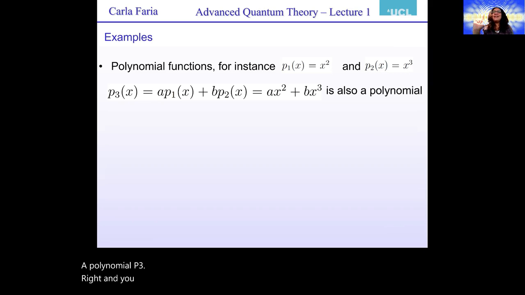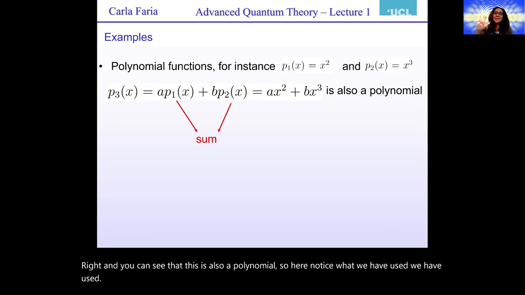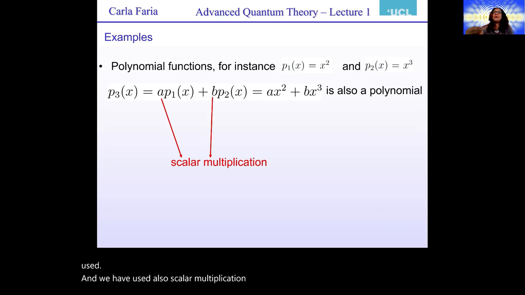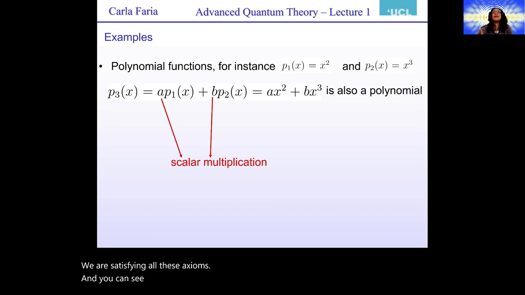So here, notice what we have used. We have used sum, and we have used also scalar multiplication. So these properties have been well defined. We are satisfying all these axioms, and you can see that polynomial functions behave like vectors. So actually they define a vector space.